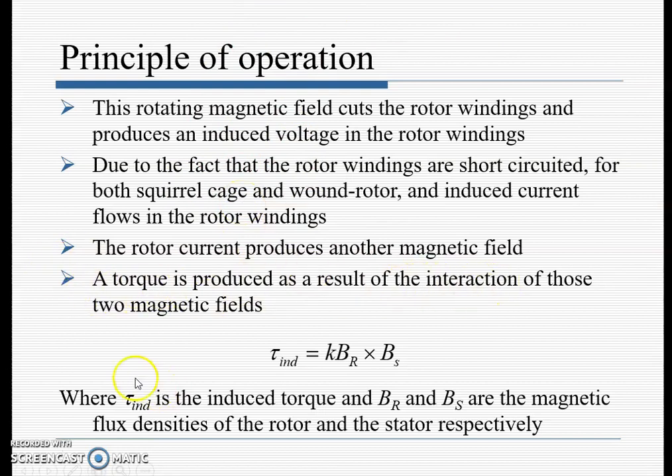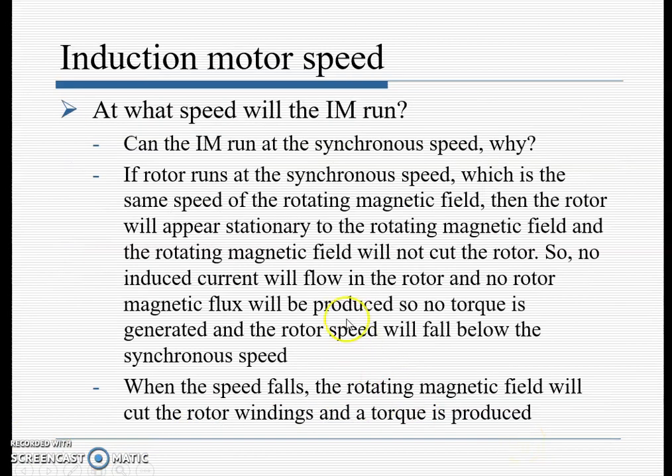So the formula for the torque produced due to the interaction of these two magnetic fields is tau induced equals K BR into BS. Here tau induced is the induced torque, and BR and BS are the magnetic flux densities of the rotor and stator respectively.